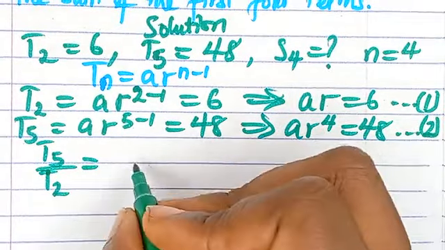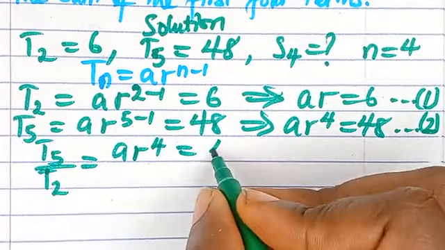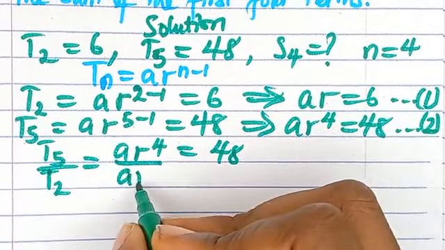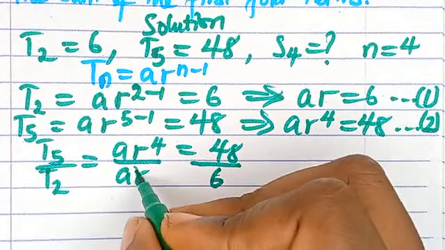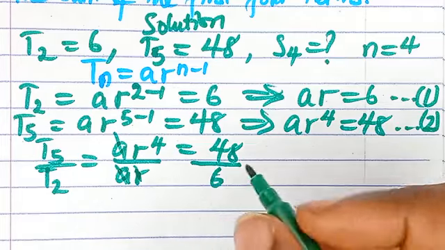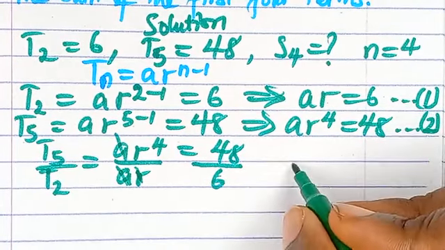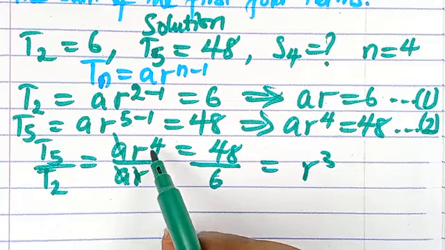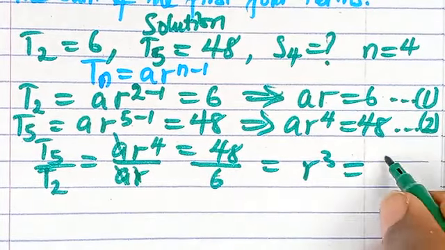We have that equation 2, AR raised to power 4 is equal to 48, divided by equation 1, which is AR equal to 6. So A cancels out. Then for the R's, we have that R raised to power 3 is equal to 48 over 6, which is 8.